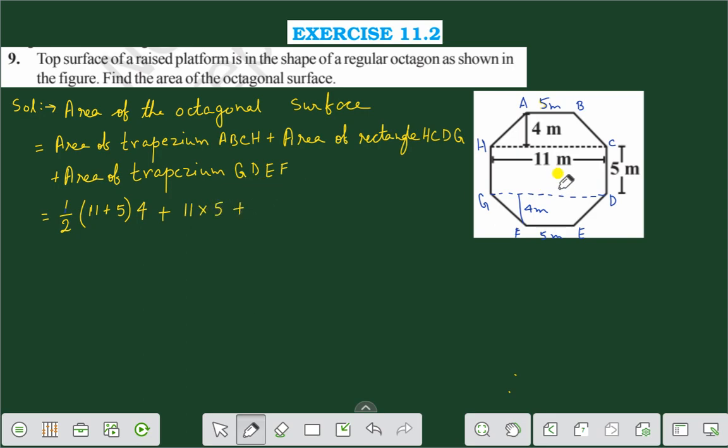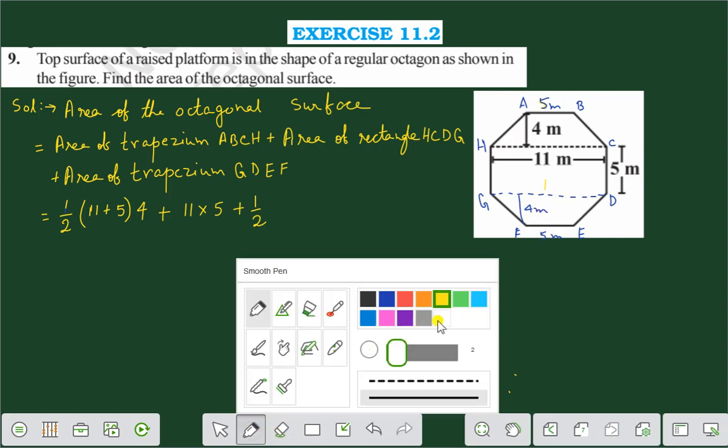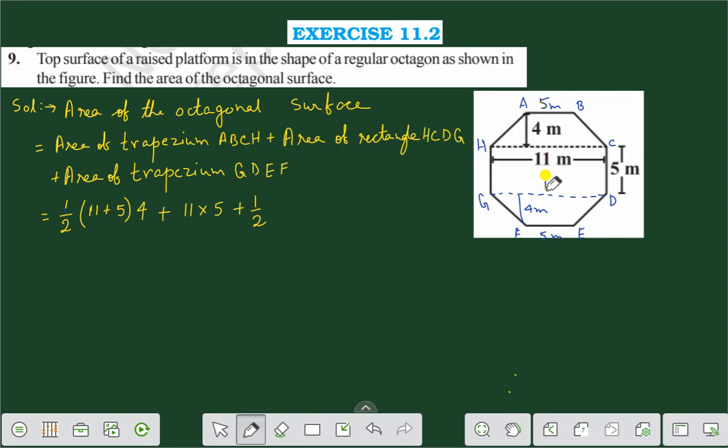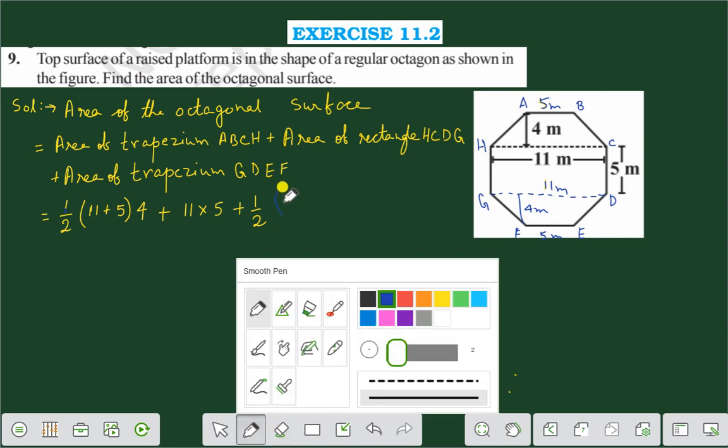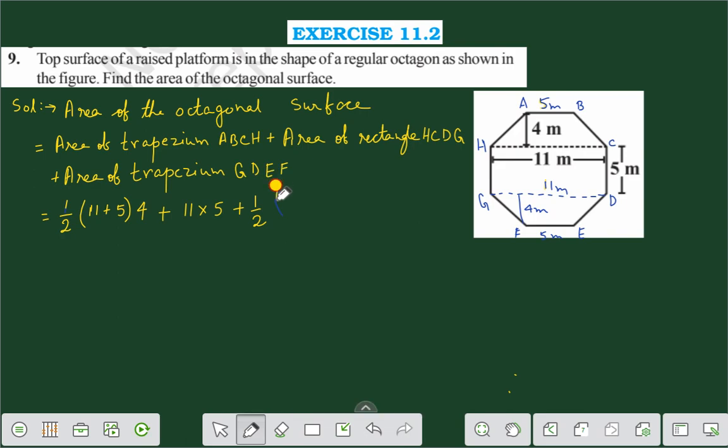Plus area of trapezium GDEF, again half into sum of parallel sides. This is 11 meter and this is 5 meter. Again same, that is half into 11 plus 5 into height 4, right?